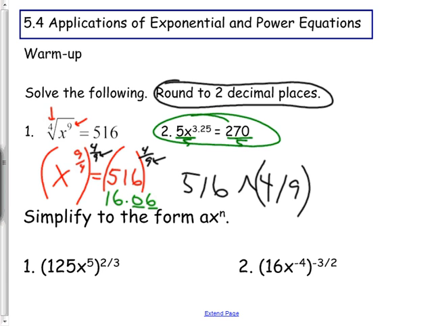And then, once you got the 5 off of there, you'll have to put it to the power of 1 over 3.25. Again, not going to be able to do that in your head, but you can use the calculator for that. So once you get 270 over 5, then you can put it to the 1 over 3.25. Make sure you have it in parentheses, or your calculator won't like it. Okay, some of you don't have the calc out yet. You'll need one. Borrow one. I have extras if you need it.